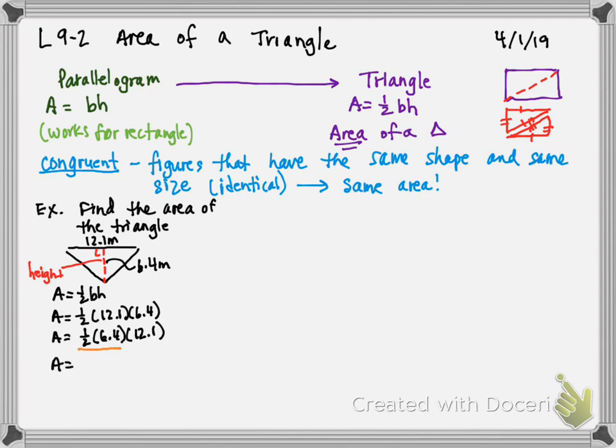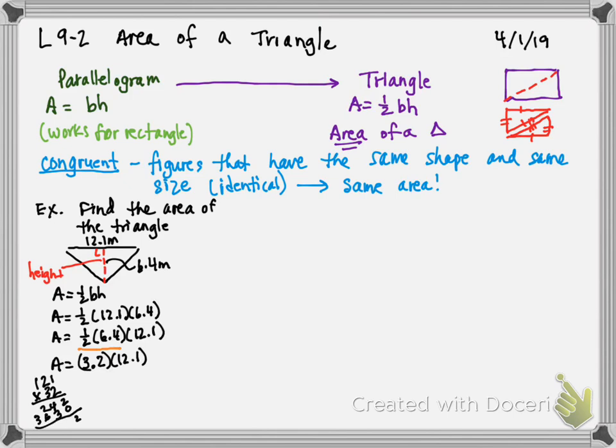So 2 goes into 6 3 times evenly, decimal point, and 2 goes into 4 twice. So now what I have is 3.2 times 2.1. So I'm going to do the math over here, and I'm going to temporarily forget about decimal points. So it's just 21 and 32. So I get a 2, a 4, a 2, a placeholder. I get a 3, a 6, a 3.